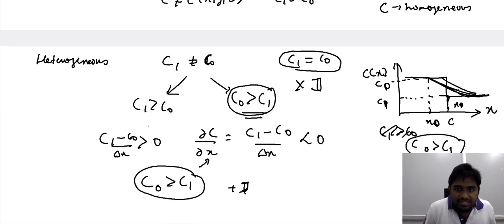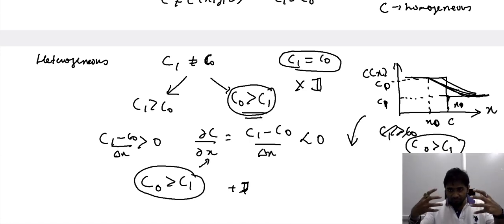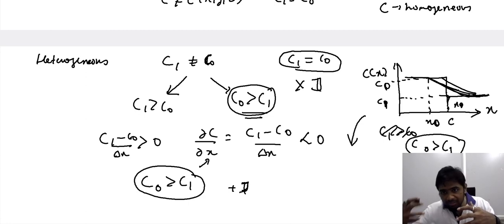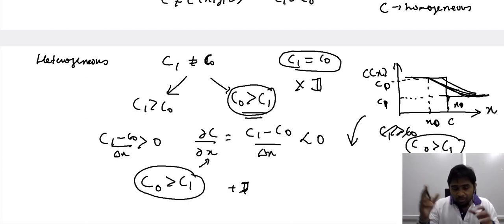Now when you consider the reverse of this condition, we will have a similar flux, but the convention that we adopt would reverse. So even though it quantifies itself as a negative flux, the direction of it would still remain the same.